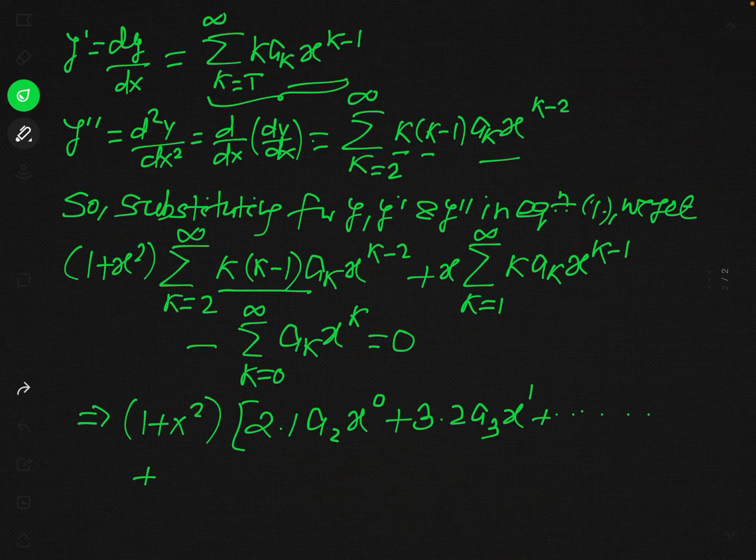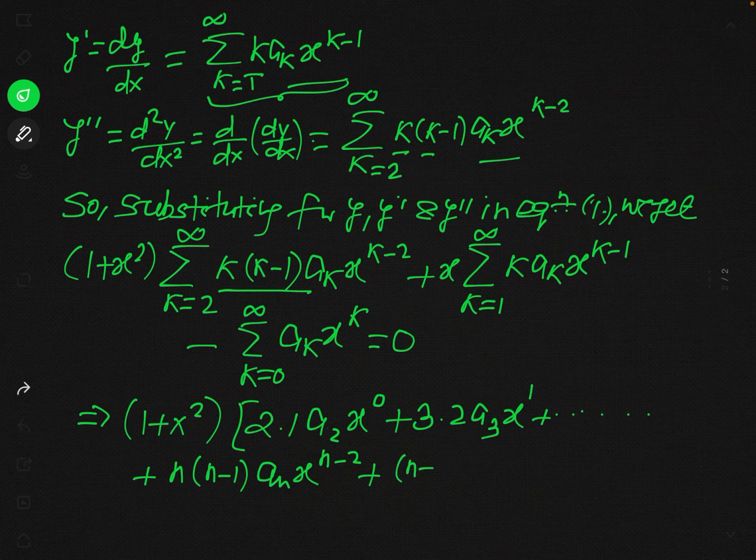and plus, let us take k equal to n. So this will be n into n minus 1 into an into x to the power n minus 2. Now let us put k equal to n plus 1.